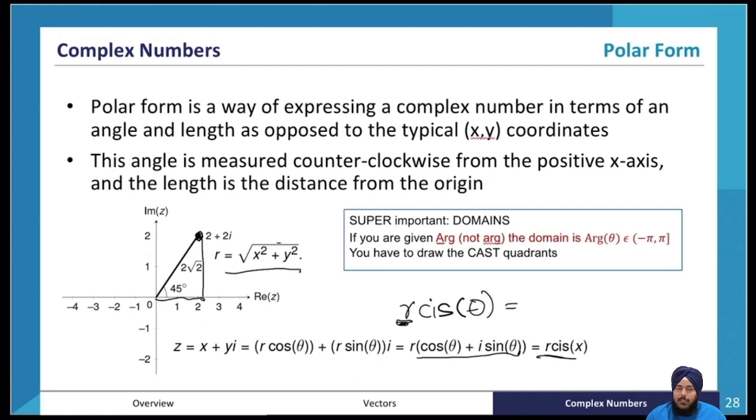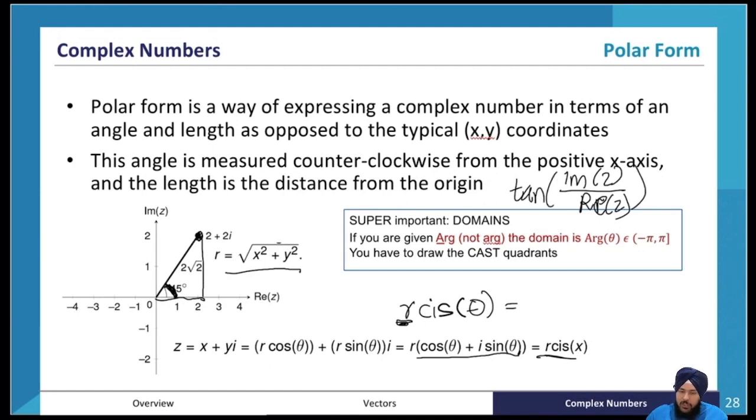We're finding what the angle is. There's a very simple formula actually: it's the imaginary component over the real component, and we find the tan of that.